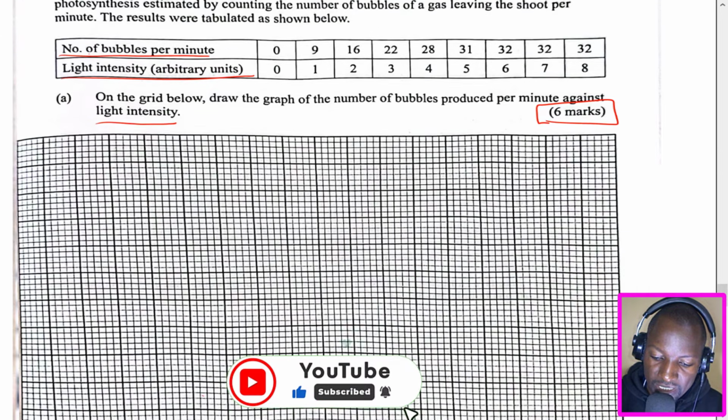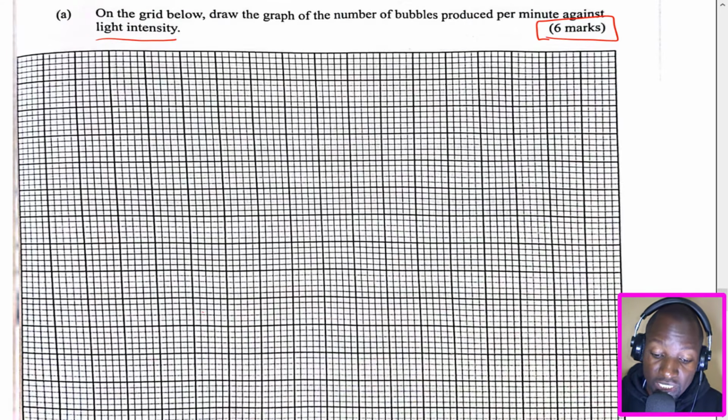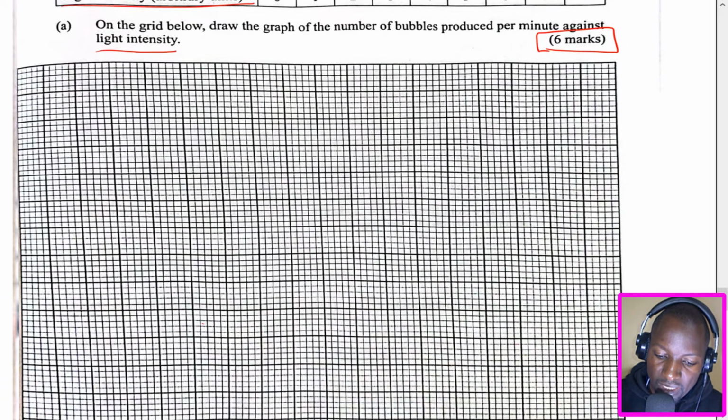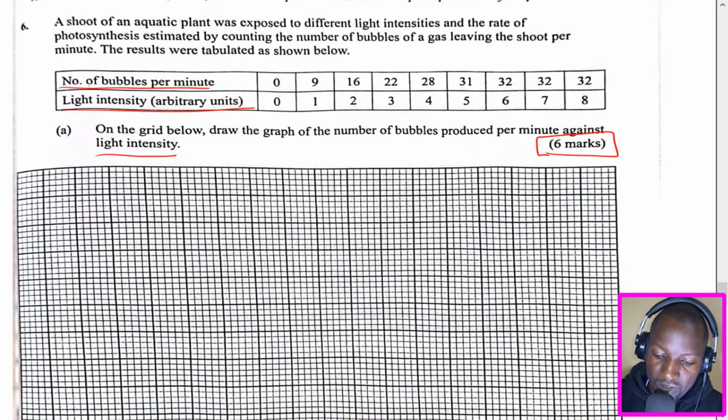The first thing we are supposed to do is look at the space that we have been provided with. We shall manage that space, whereby it's recommended that we use at least 3/4 of the page. Going back to our values, the number of bubbles per minute range from 0 to 32.